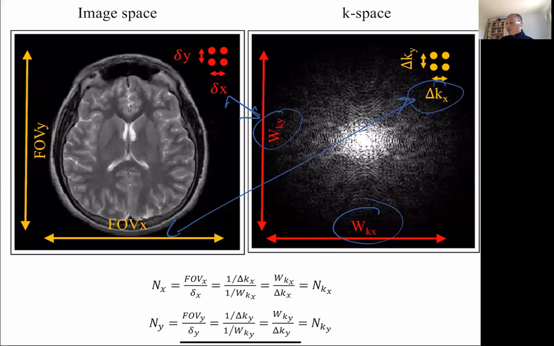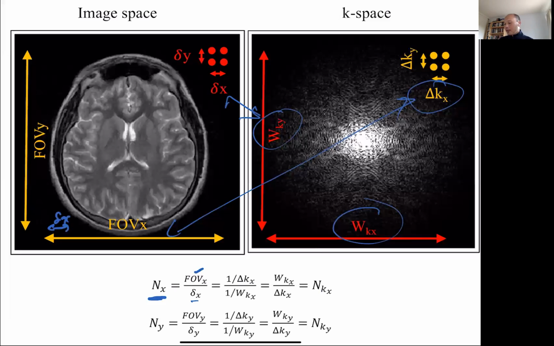If I have an FOV of x and a resolution of delta x, I'm going to have FOV of x over delta x samples in my image space, right? Because there's FOV over delta x of those samples that I'm going to have in image space.